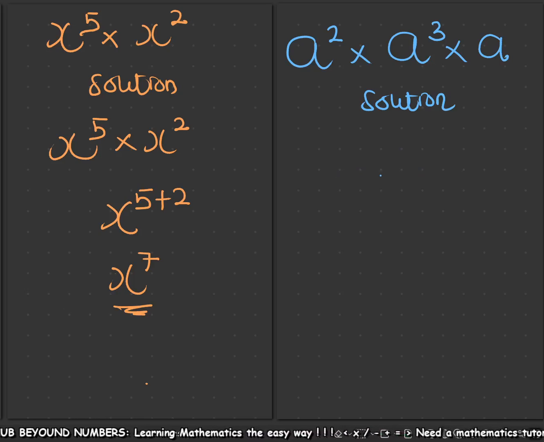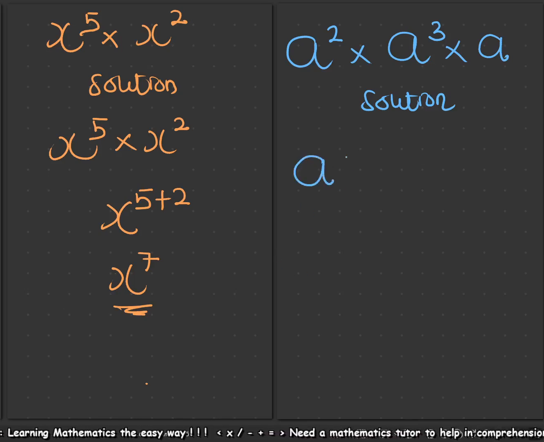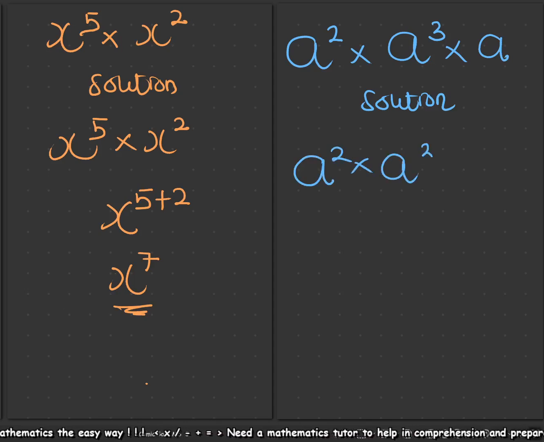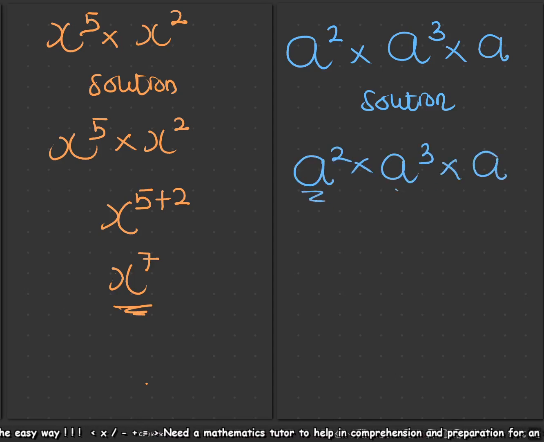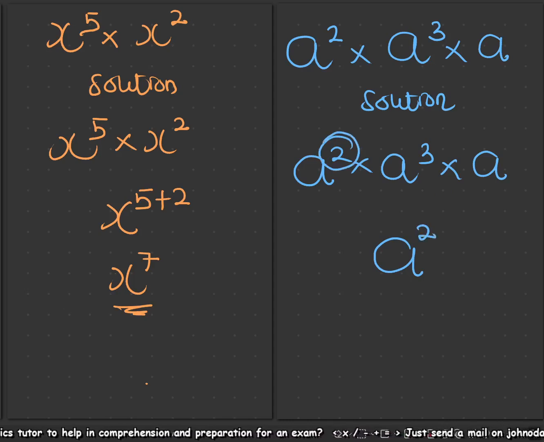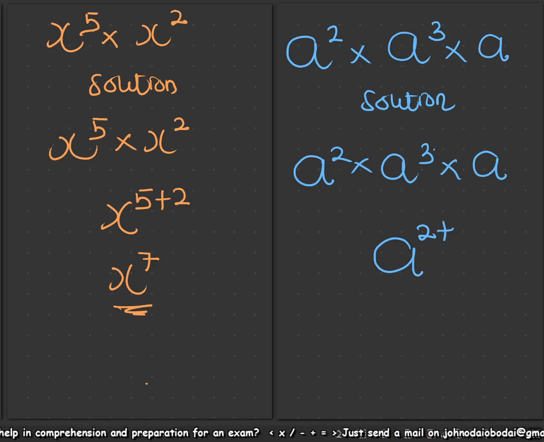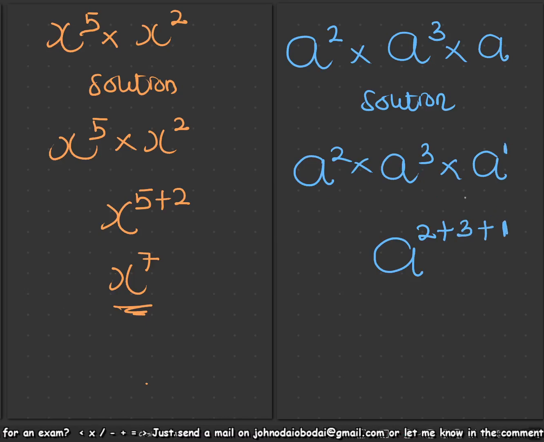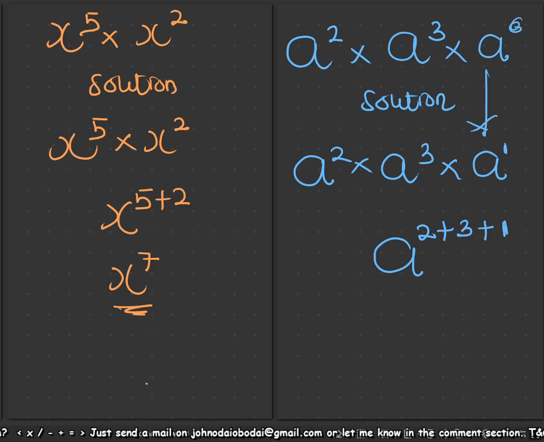So there's actually a 1 there, but we don't write it. So our solution is a to the power 2 times a to the power 3 times a. Since the bases are the same, we just write one of them, and then we have 2 from this, plus 3 from the second, and finally plus 1, which is this one here. Remember, since the exponent hasn't been written, it means there is a 1 there.